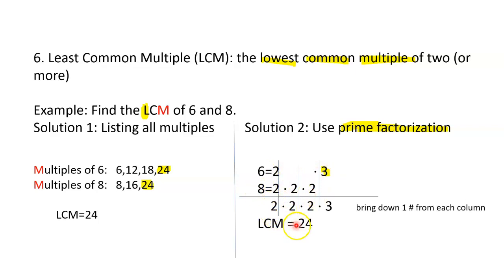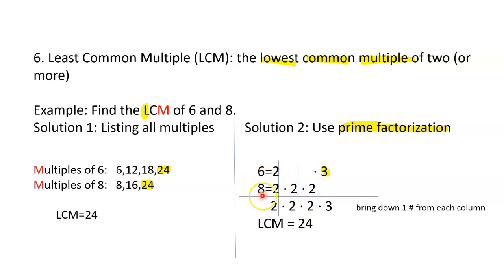So you want to find a number that contains both 6 and 8. 6 contains 2 and 3, which means the answer we find should also contain 2 and 3. And the answer must contain 8, which means the answer must contain 2 and 2 and 2.